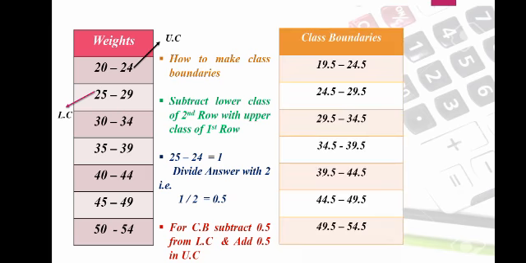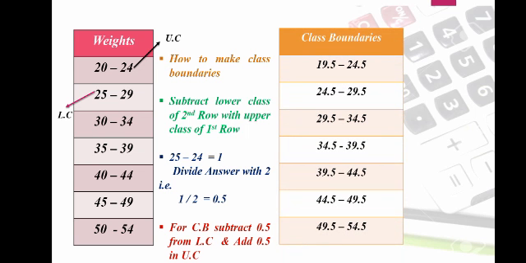So when you subtract 0.5 from the lower class, 20 minus 0.5 becomes 19.5. And when you add 0.5 to the upper class, 24 plus 0.5 is equal to 24.5. Same for the next rows. 25 minus 0.5 is 24.5 and 29 plus 0.5 is 29.5.